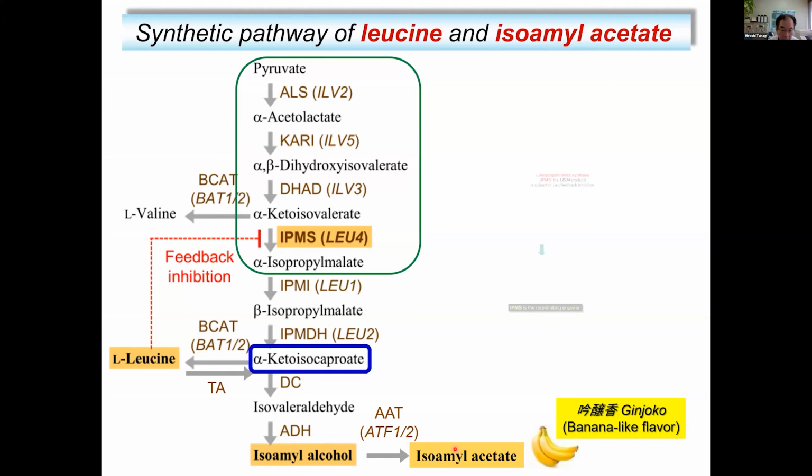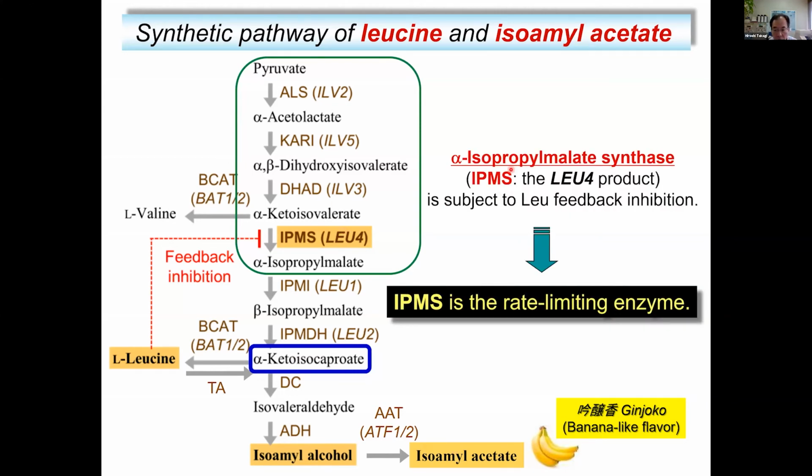Alpha-isopropylmalate synthase, IPMS, as shown here, is the key enzyme that controls leucine synthesis because its enzymatic activity is subjected to feedback inhibition by leucine. So to increase the isoamyl acetate content in our moromi, we try to isolate yeast mutants that accumulate leucine in the cell by conventional mutagenesis.